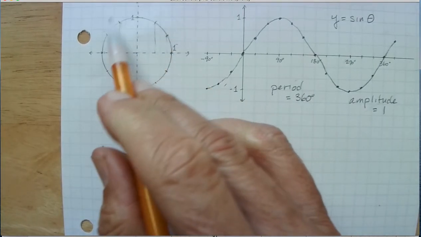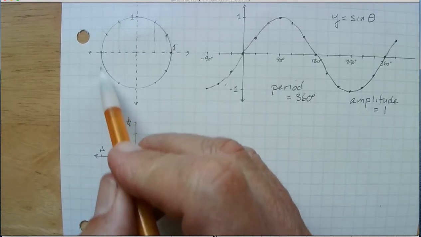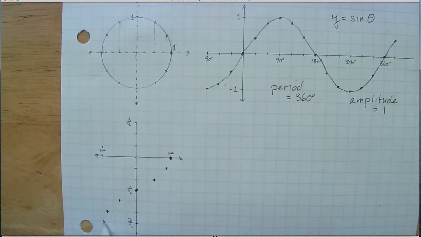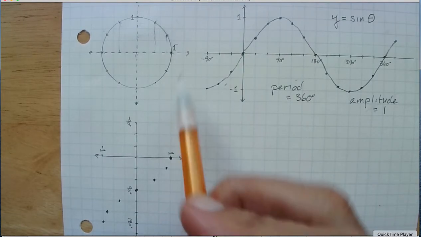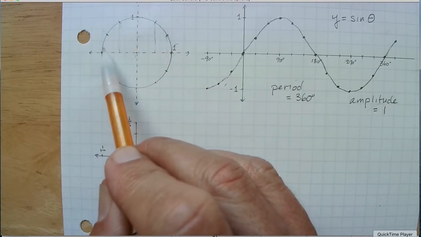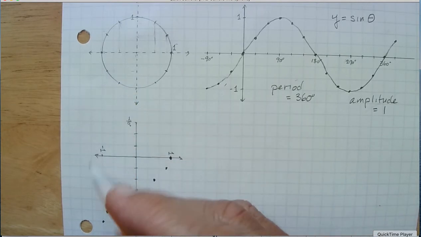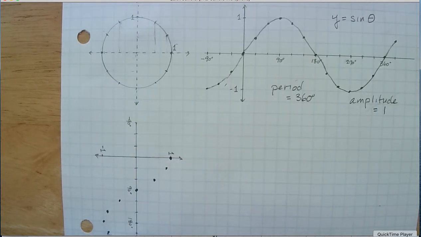And at 180, well, I'm all the way over to the left 1 unit, so let's take that down to right there. So I'm starting to kind of create what we call the cosine function, which is keeping track of the horizontal displacement. So 210, I now have this much horizontal displacement, which I'll transfer down to 210.